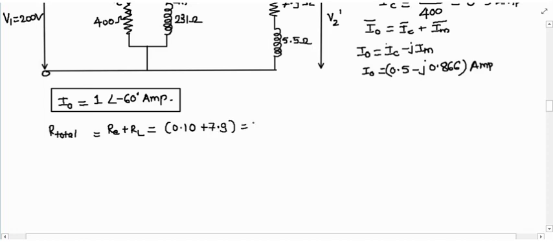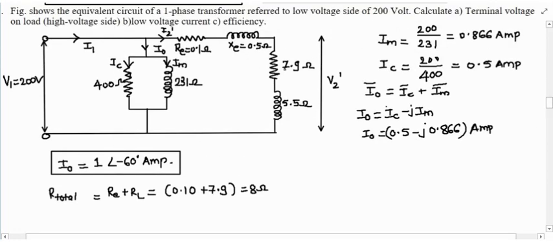So this will come to about 8 ohm. Similarly, X total equals XE plus XL equals 0.5 plus 5.5, so it will come to about 6 ohm.